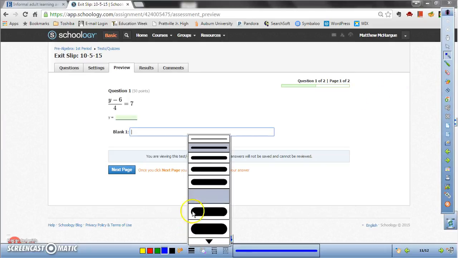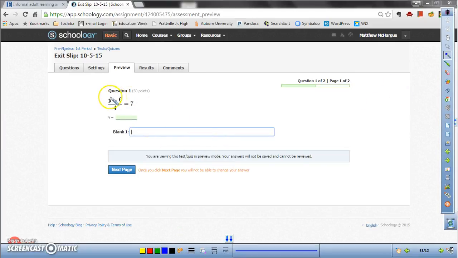So before I can isolate the variable itself, which is always what I want to do when I'm solving an equation, in this particular instance, I need to isolate the expression containing the variable. Okay, so to do that, I've got to get rid of this division by 4. Well, the way that I get rid of division is that I multiply.